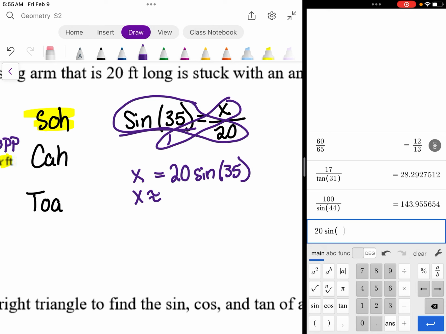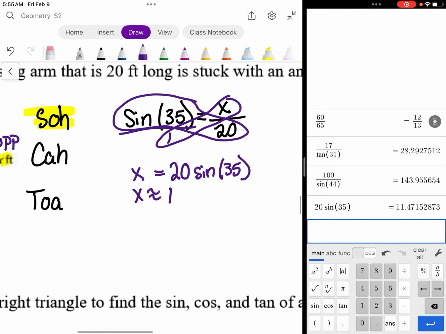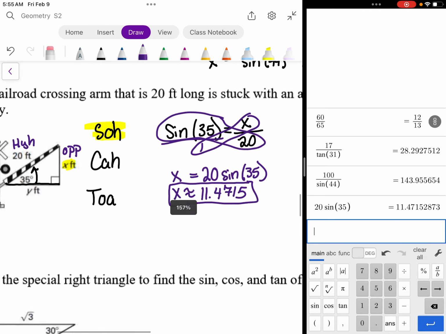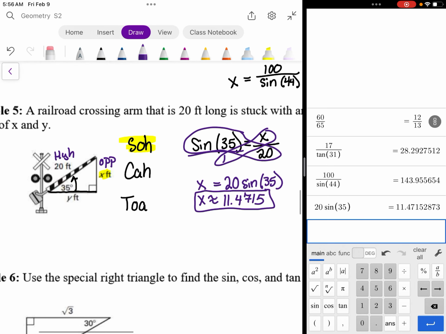So you would type 20 sine and then 35. Again, we're going to round to 4 decimal points, and that will give us 11.4715 for our answer. So the height here is about 11.4715.